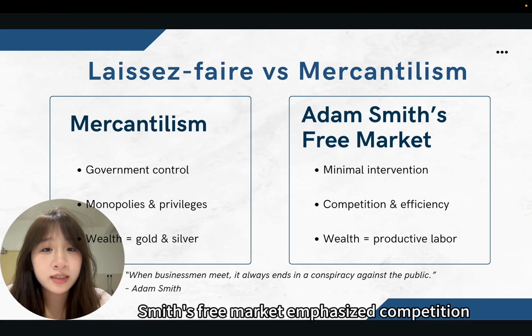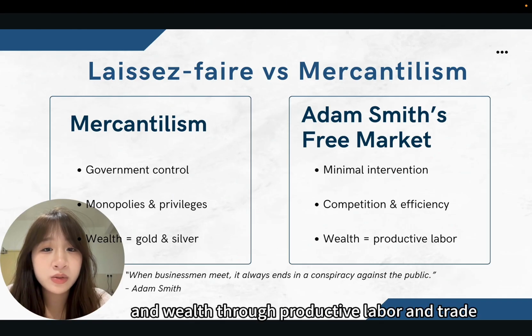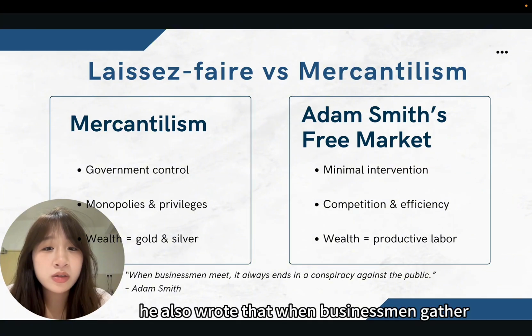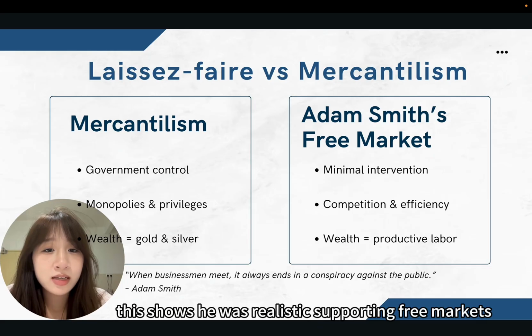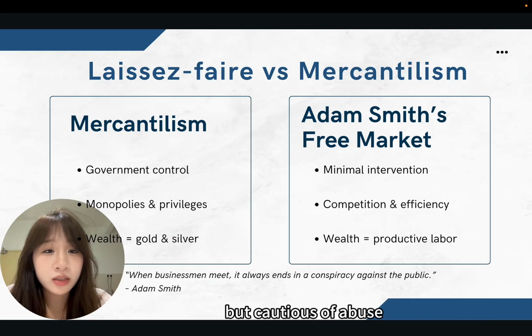Smith's free market emphasized competition, efficiency, and wealth through productive labor and trade. Interestingly, he also warned that when businessmen gather, it often ends in conspiracies to raise prices. This shows he was realistic, supporting free markets, but cautious of abuse.